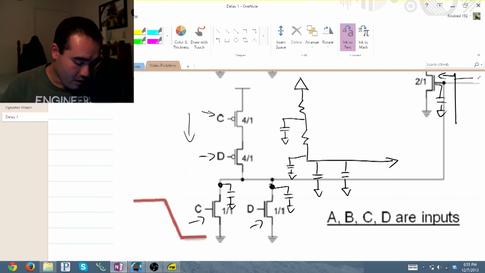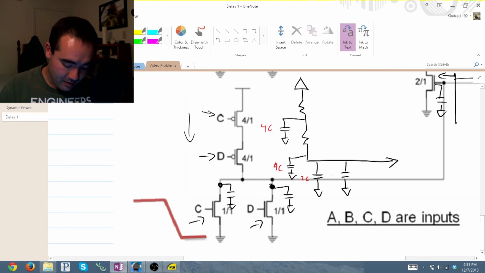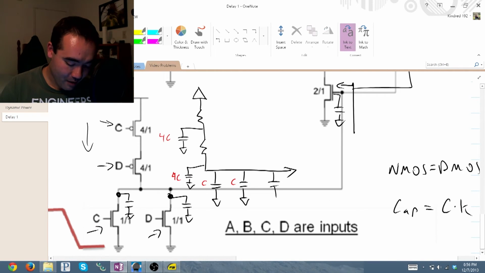So, coming down here, we know that this capacitance is 4C. This capacitance is also 4C. This guy is 2C. This guy is... No, they are just C. I apologize. C and C. We also have to talk about our input capacitance of our next stage. And I'll just draw these like this because we have one going through NMOS, one going through PMOS.